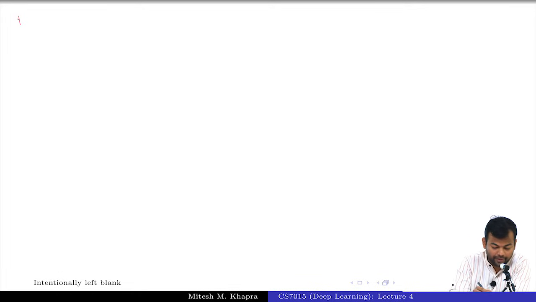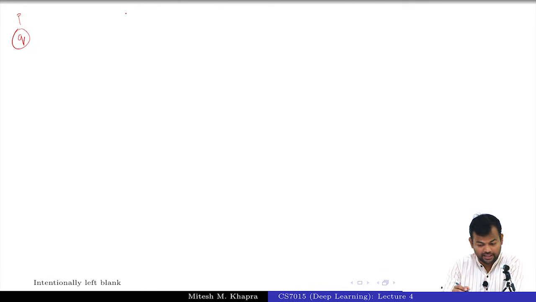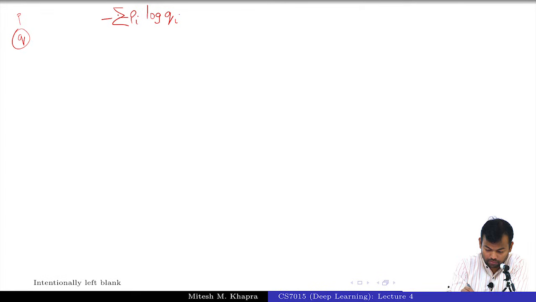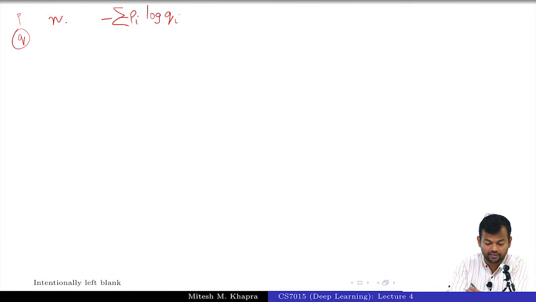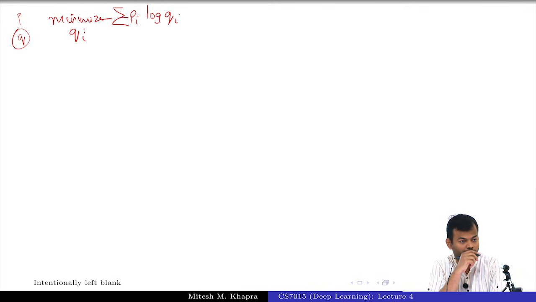Remember that we had a P and we had a Q, and we want to find a Q such that this quantity is minimized. That is what our objective is. So we want to minimize this with respect to Qi.